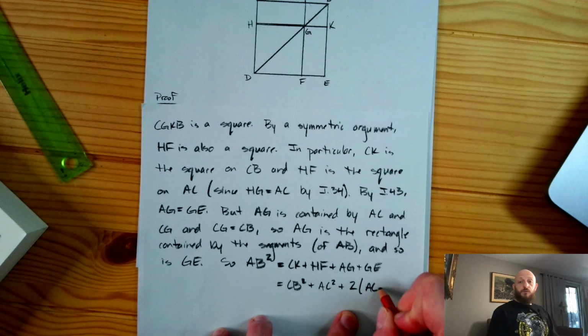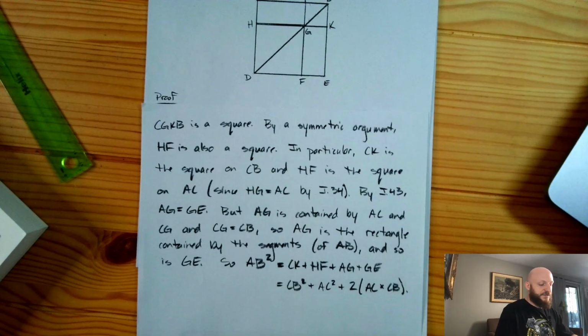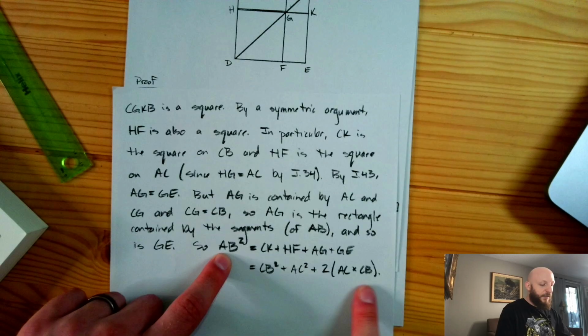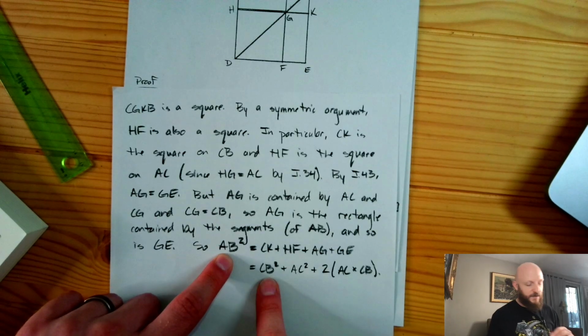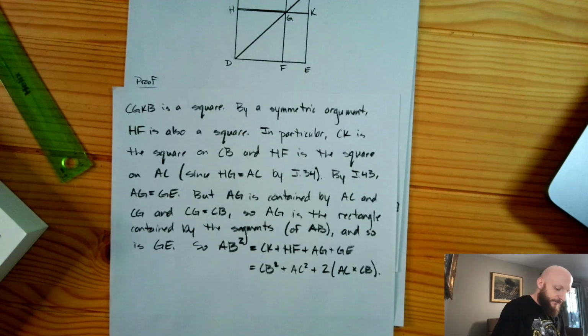And that's what we needed to set out to prove. This is exactly what this proposition is saying, that AB squared is equal to the squares on the segments plus twice the rectangle contained by the segments. Right, and that's really it, QED.